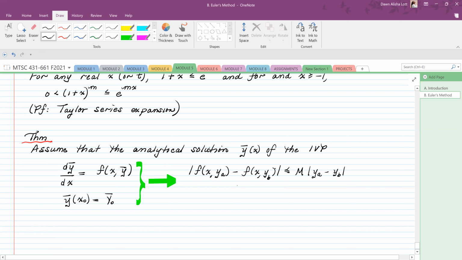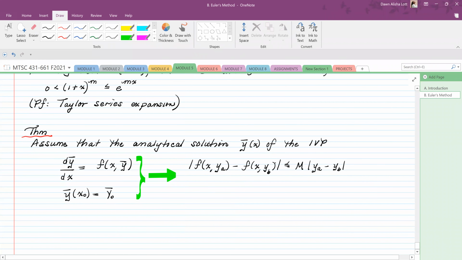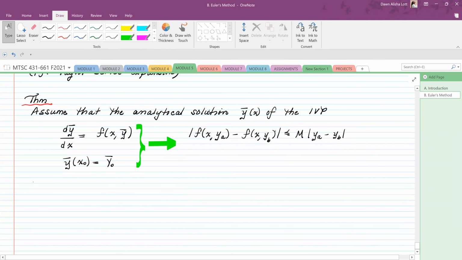M is the Lipschitz constant again. We're going to assume that this solution has a bounded second derivative on the interval x naught to b.